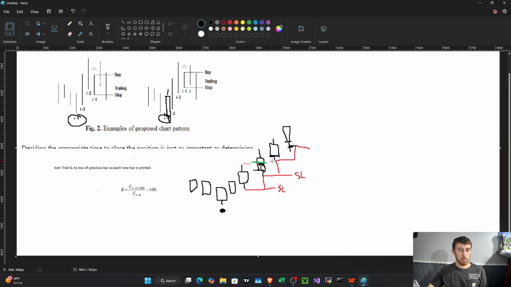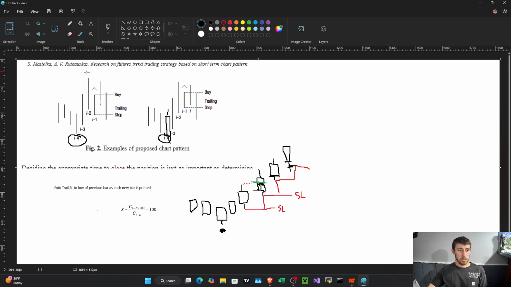So I minus 2, right, this is minus 4, minus 3, minus 2. Right, so this is our entry candle. Actually, it should be minus 1.